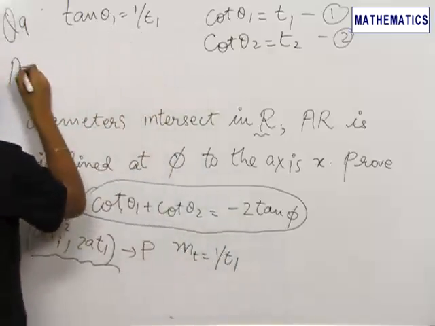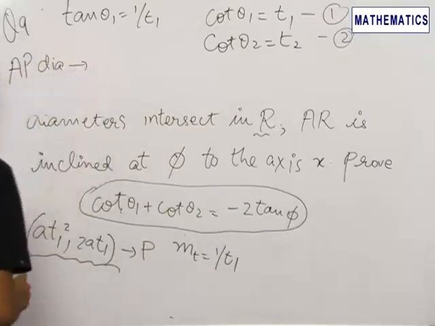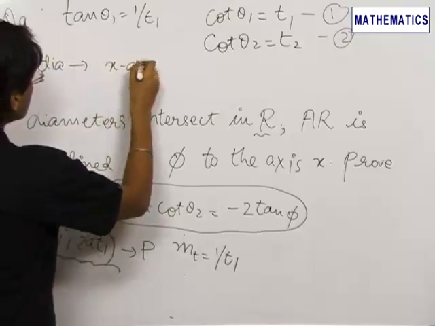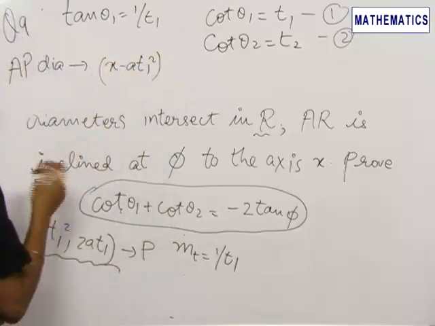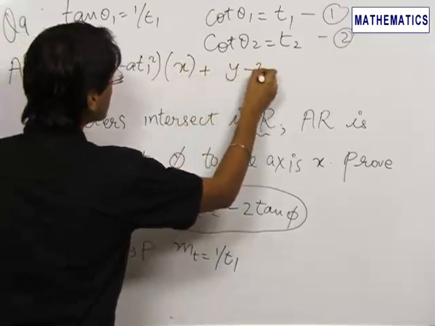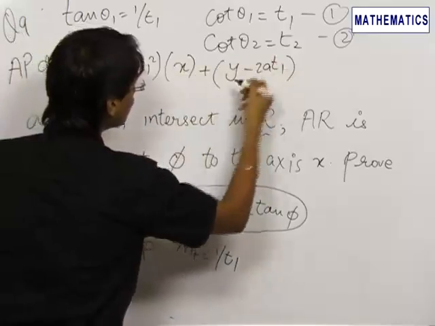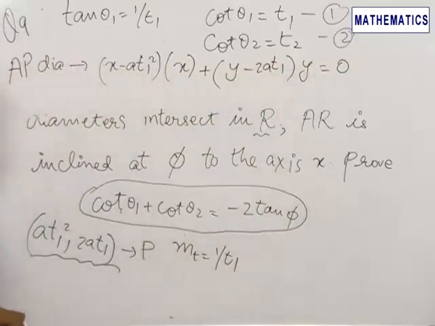Hence the circle on AP as diameter can be written as x minus a t1 square into x minus 0, since A is the vertex, it is 0 comma 0, plus y minus 2a t1 into y minus 0, that is y, equals 0.